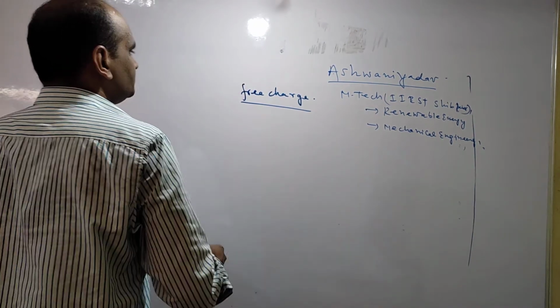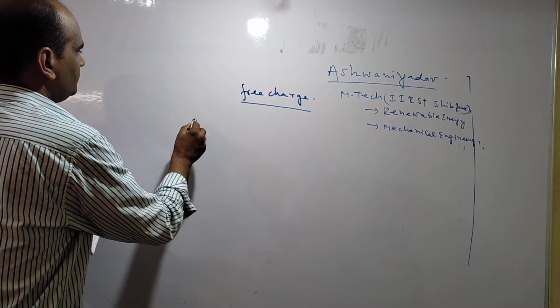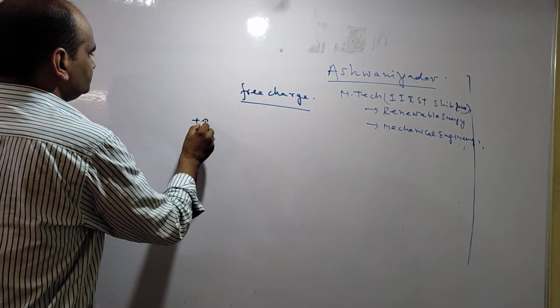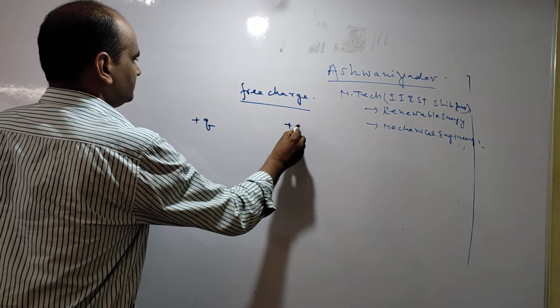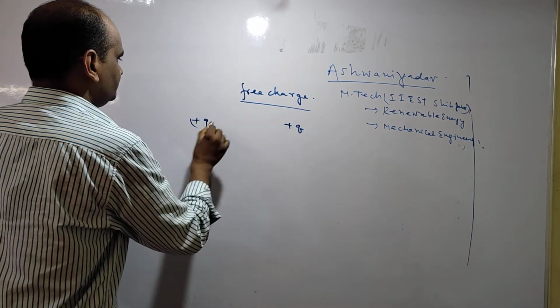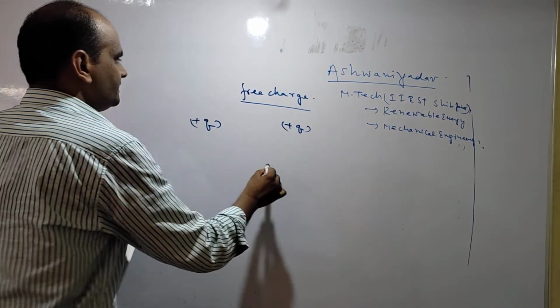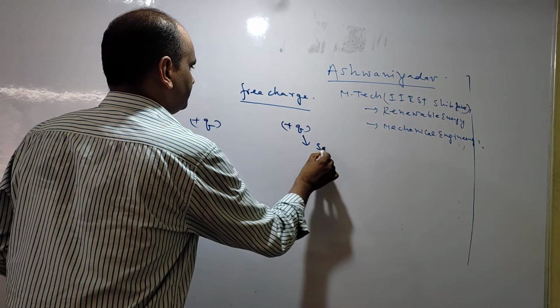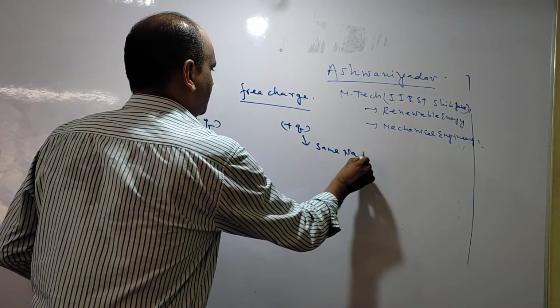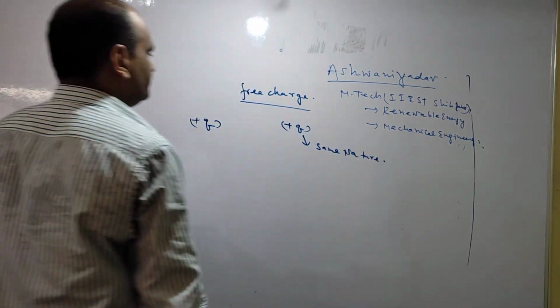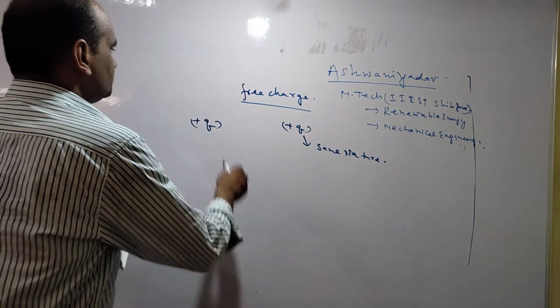Now we are going to start. Suppose we have two charges of the same nature, both positive. Then what is the electrostatic interaction?